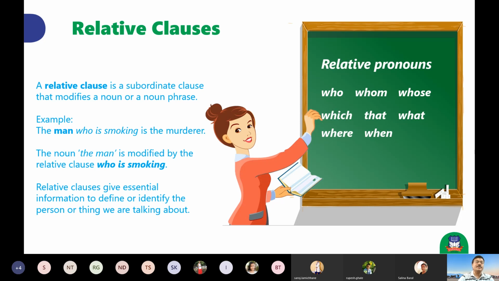So essential information which qualifies, which describes, which modifies, or which gives more identity, helps to define this. Relative clauses are used for this. Okay. So did you note down these lines?